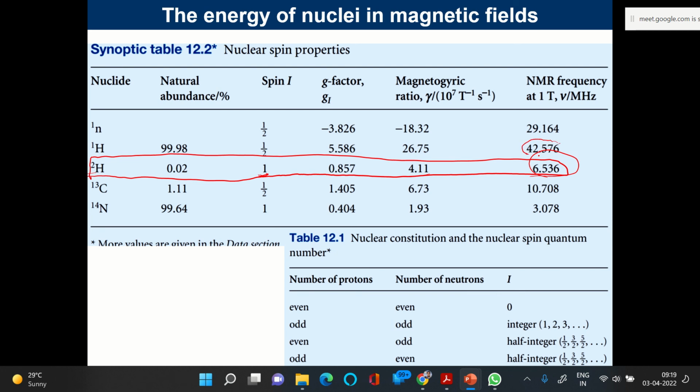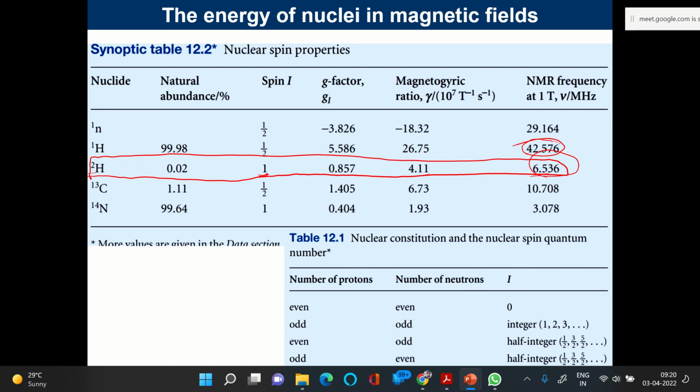So proton 1H appears at 42.576 megahertz, and deuterium will appear at 6.5 megahertz. So it is removed from the proton site on the chemical shift scale, and you can easily see that if a 1H nucleus, a proton, is present in the solute, you will get the signal without interference from the solvent signal.